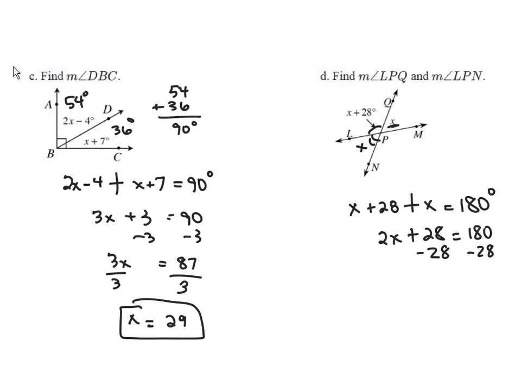Subtracting 28 from both sides, I get 2x is equal to 152. Dividing by 2, I get x is equal to 76. So this would be 76, and this would be 104.